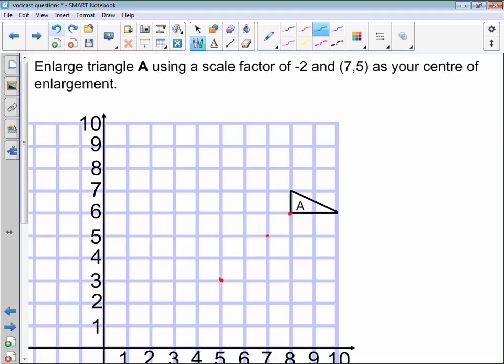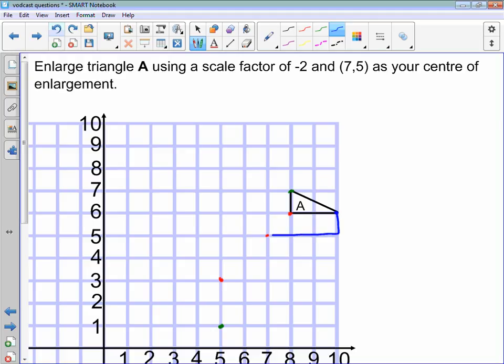For this point here, I would normally go 1 right and 2 up. So I need to go double the length in the opposite direction. So I need to go 2 left and 4 down. And for this corner here, I would go 3 right and 1 up.